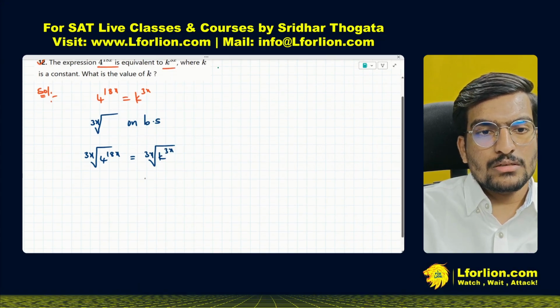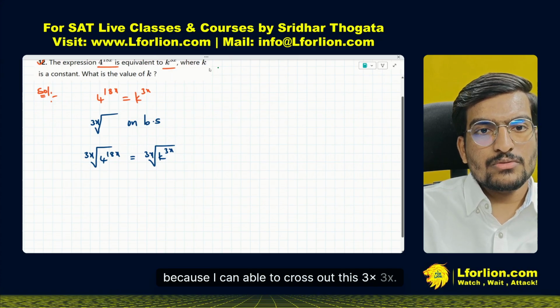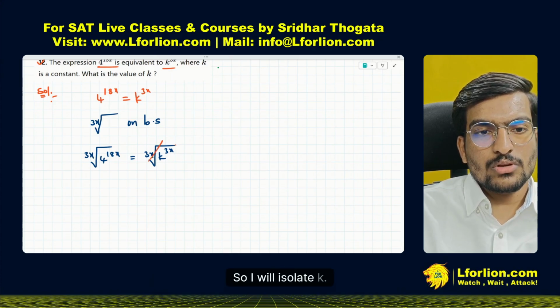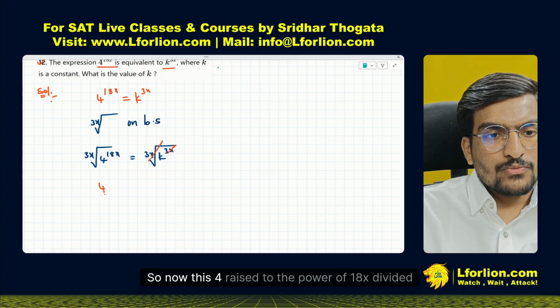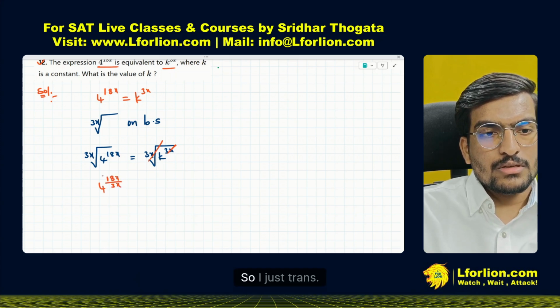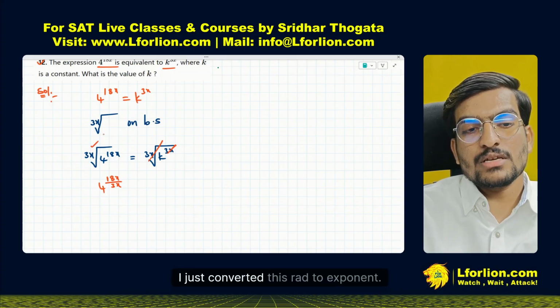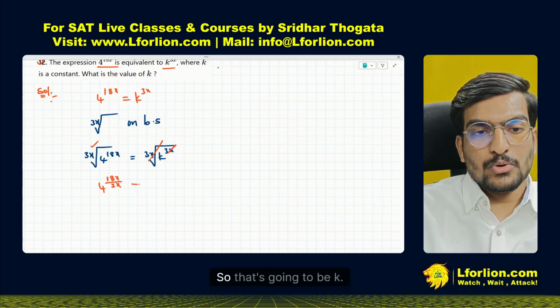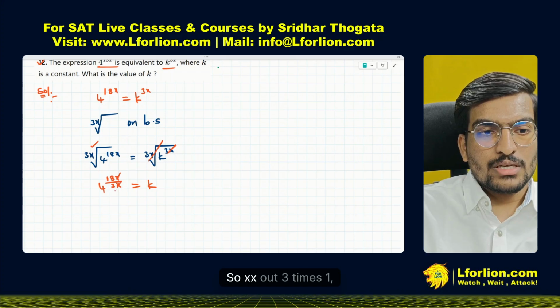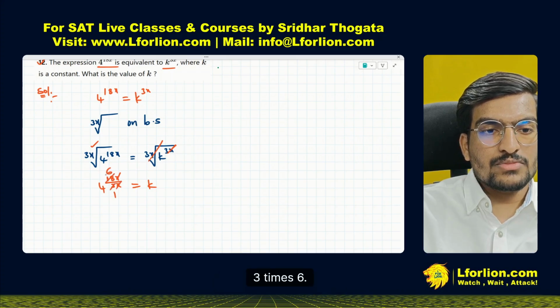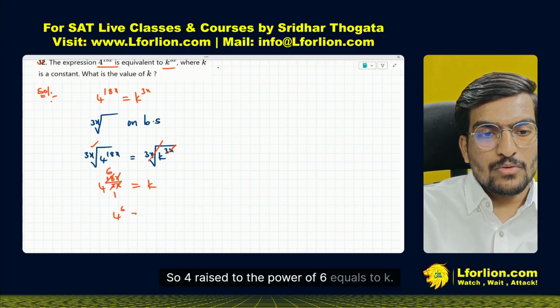So why did I do this? Because I can cross out this 3x, 3x. So I will isolate k. So now this 4 raised to the power of 18x divided by 3x. So I just converted this root to an exponent. So that's going to be k. So x out, 3 times 1, 3 times 6. So 4 raised to the power of 6 equals k.